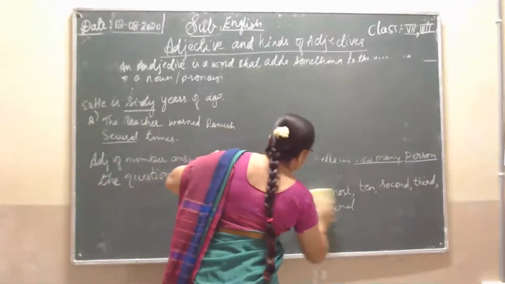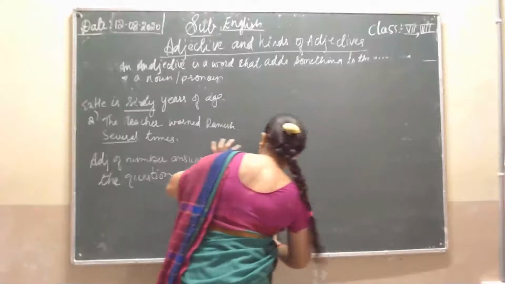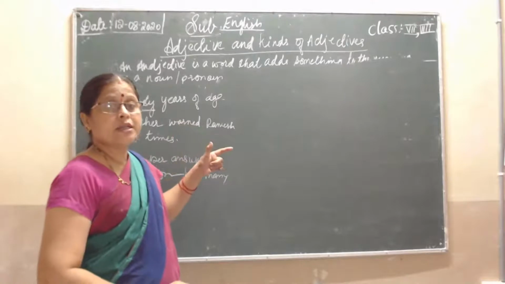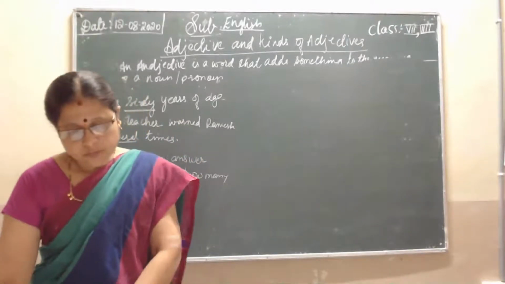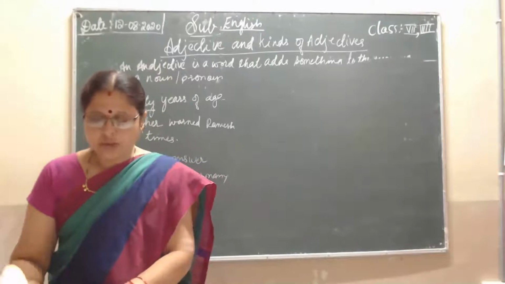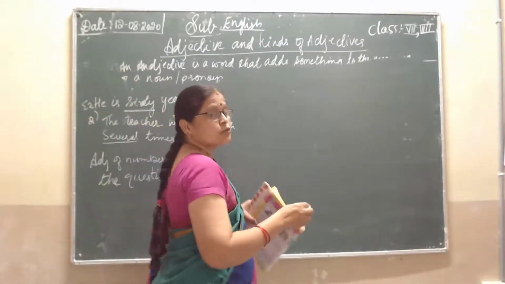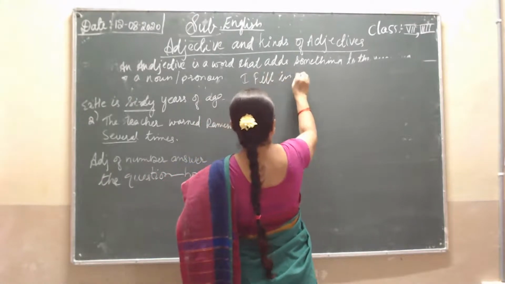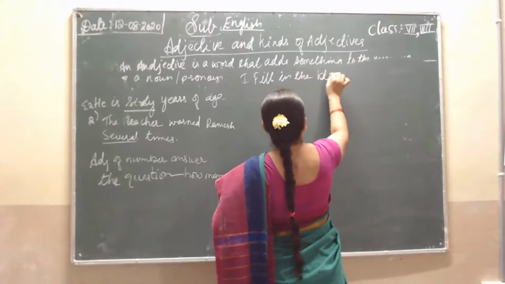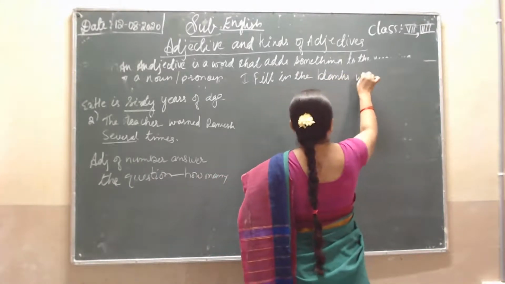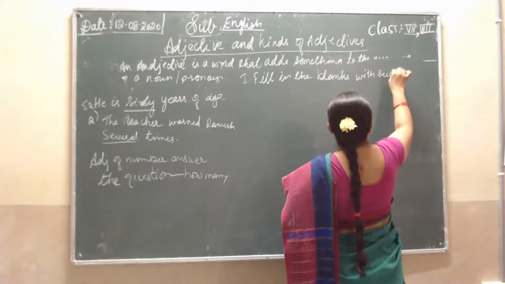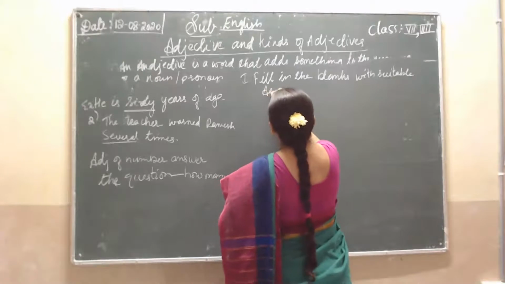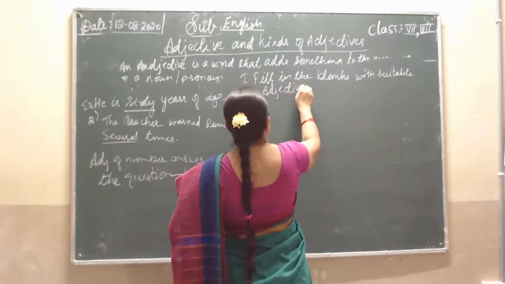First, I'll be giving you the homework for the adjective of quality. Note down some sentences here and fill them up using the options given there, with a suitable adjective given in the box.